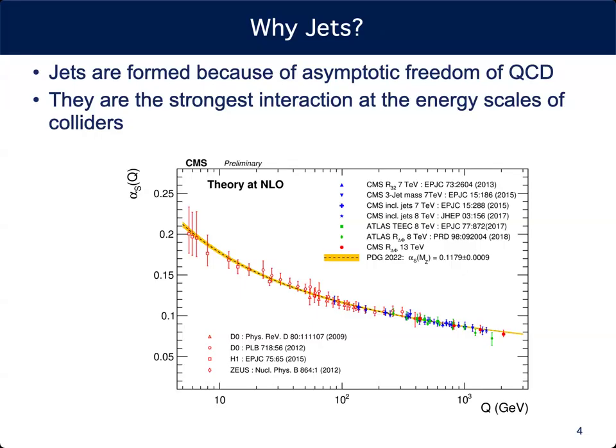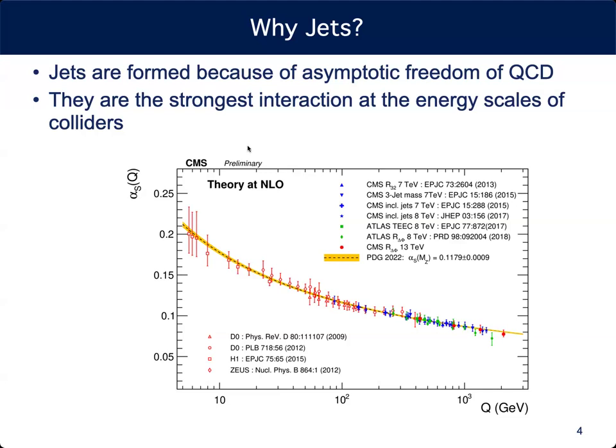Jets are formed because of the asymptotic freedom of QCD. You have a very strong interaction at low energies, and as you increase the energy of the interaction, the coupling goes down. This is a plot of the strong coupling constant as a function of energy. I'm on CMS, so I usually know where all the CMS plots are and pull them from memory.